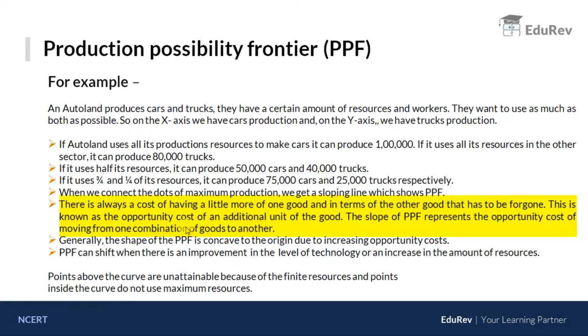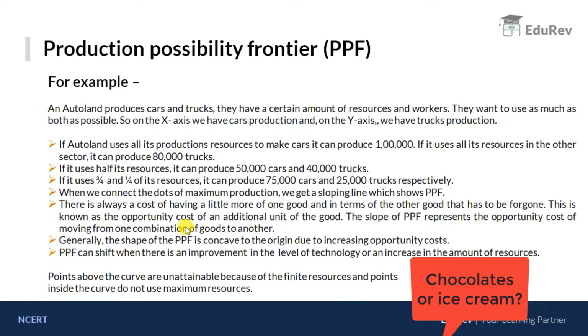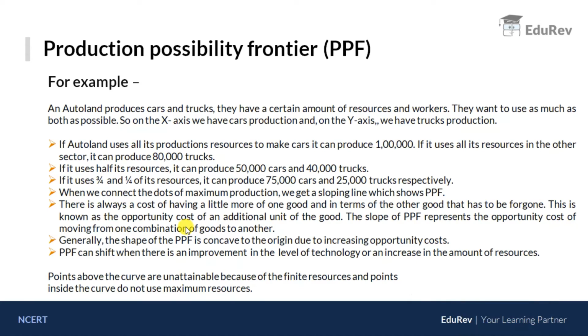For example, in a very simple example, if your mother says that you can have chocolates or ice cream, but you love to have both, you cannot have both, you have to choose, right? So it's a very hypothetical example, but you choose to have only chocolates and you give up 1 unit of ice cream. So you're giving up 1 unit of ice cream to get 1 unit of chocolates. That is the opportunity cost. And similarly, society also faces this kind of opportunity cost.